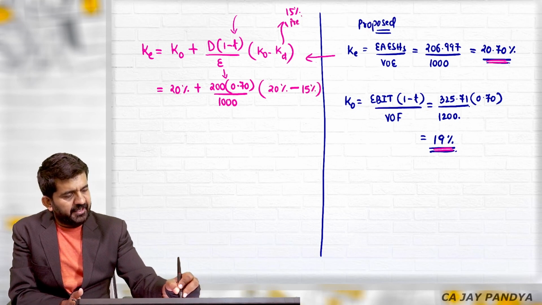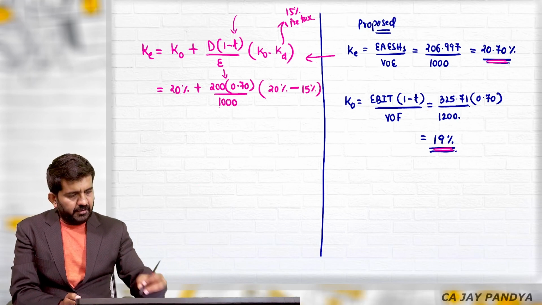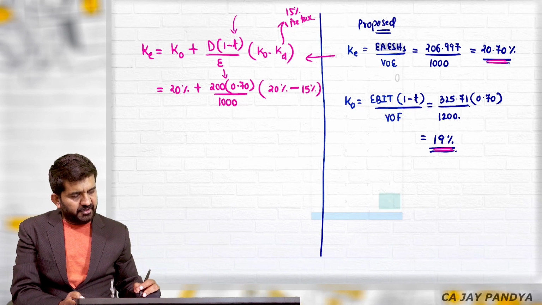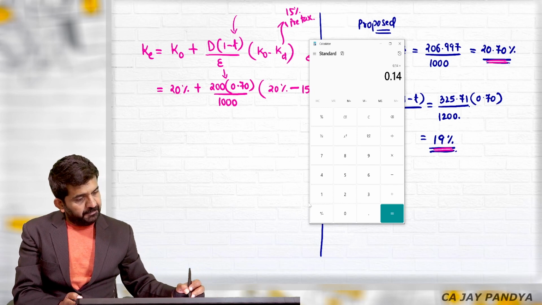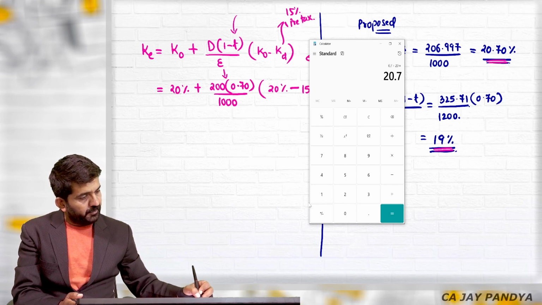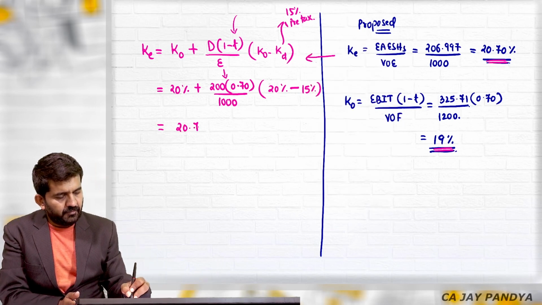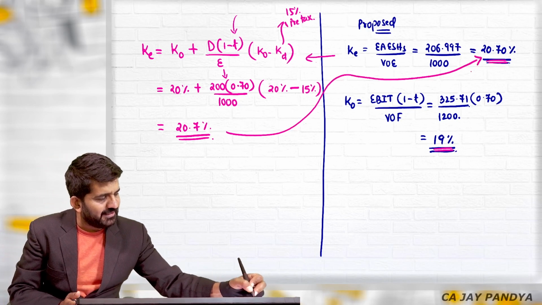It should be taken pre-tax. This will be 200 into 70% is 140. 140 divided by 1000 multiplied by 5 plus 20. That is the 20.7%. Is the answer the same? The answer is yes.